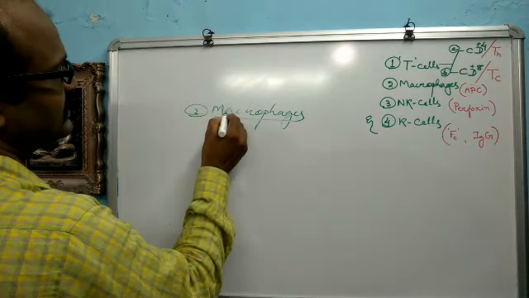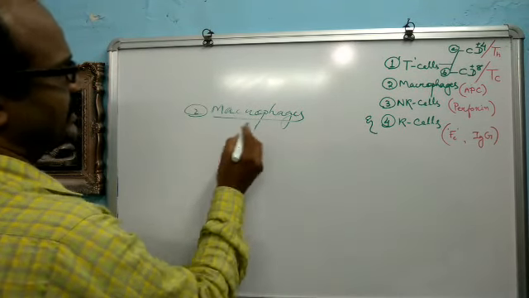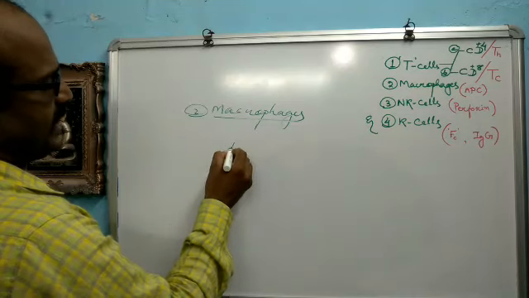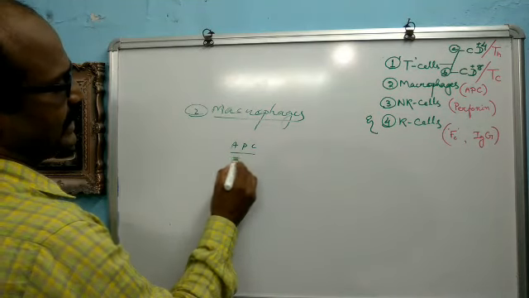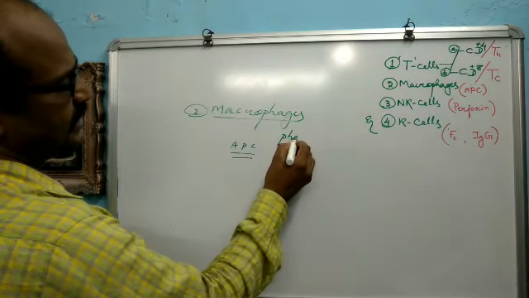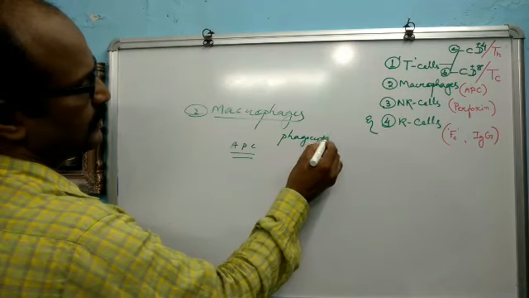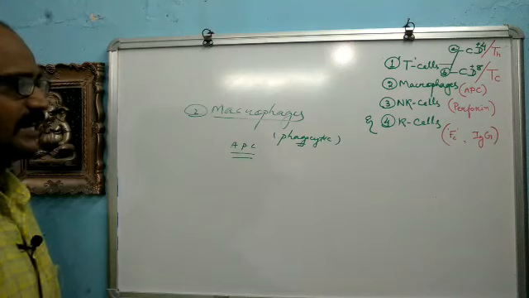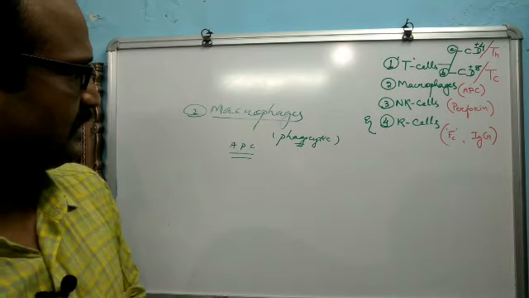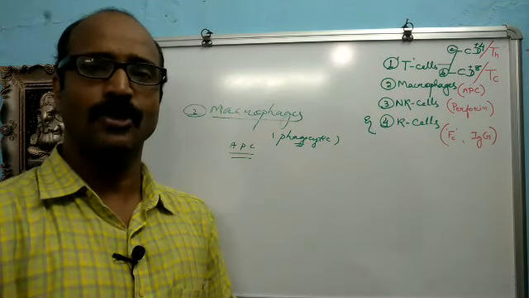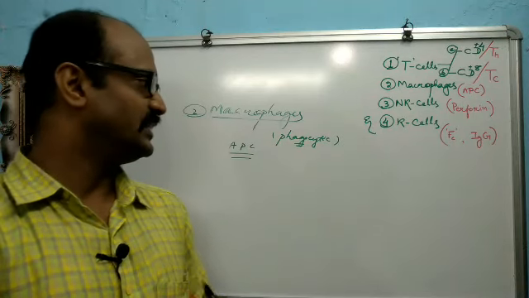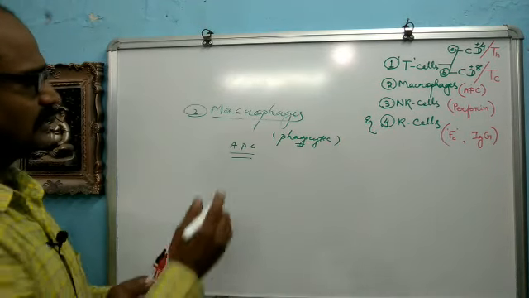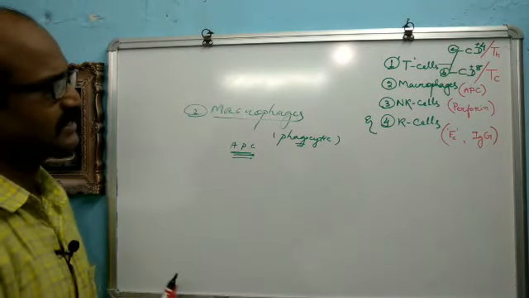These are the phagocytic cells which present the antigen to the other immune cells after processing the antigen within it. That's why these are known as the antigen presenting cells.